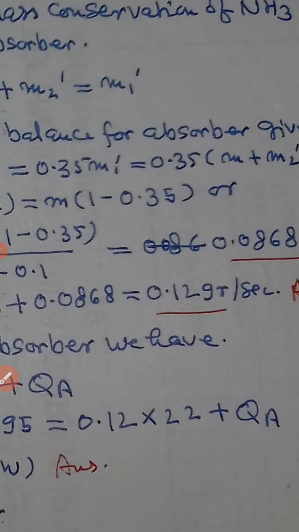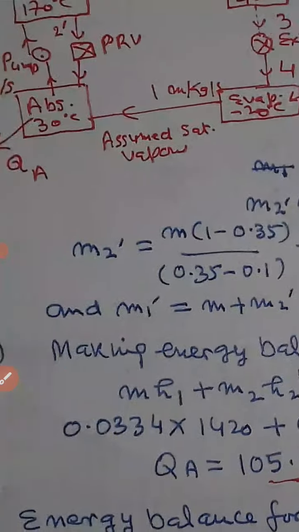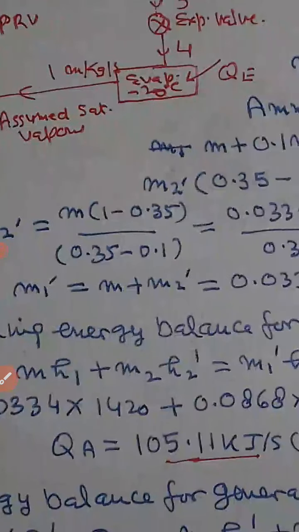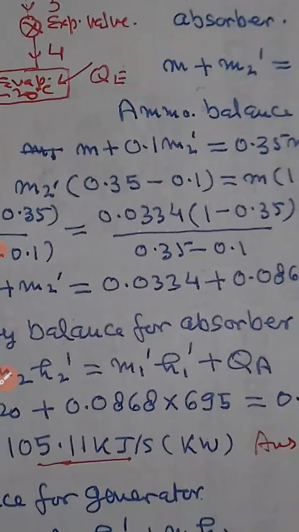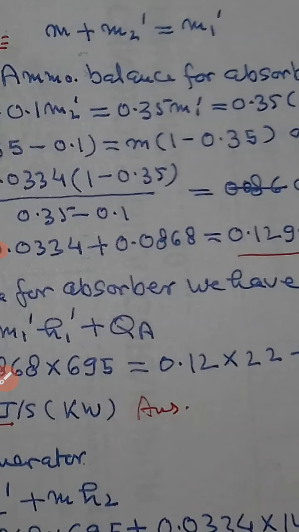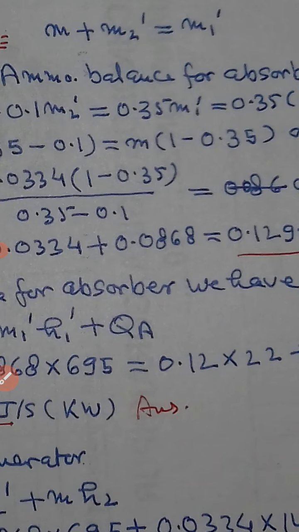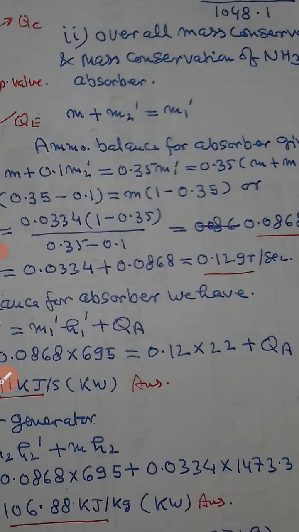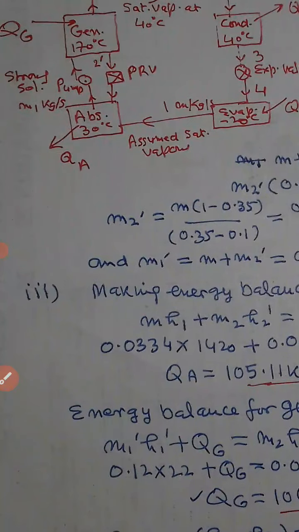Now m1 dash, that is m plus m2 dash, is given by 0.334 plus 0.0868, and that gives 0.12 kg per second. Okay, that is the mass flow rate.